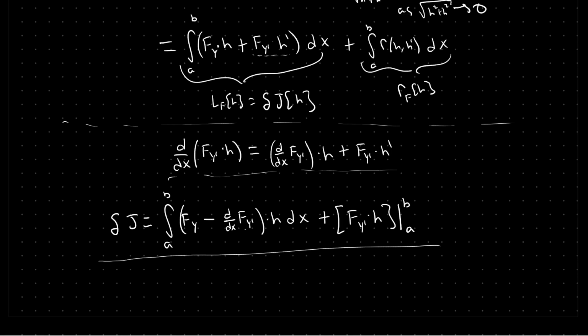We're integrating over the thing we obtained via Euler's method, plus some terms at the boundary evaluated at b and a. In the simplest variational problem, where the variation is 0 at the boundaries, this term drops out because h is 0 at both boundaries.